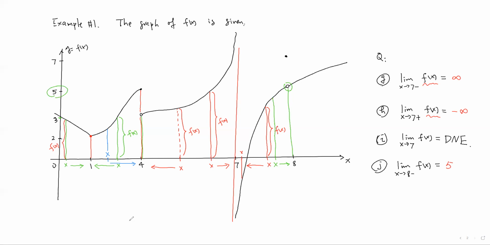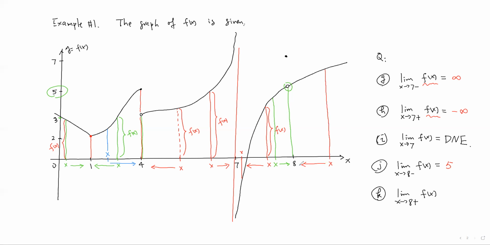Similarly, right-hand sided limit. x approaches 8 from the right side. Okay, from the right side. Yeah, pick a point. Say x here. Now x approaches 8 from the right side. f of x is this height.